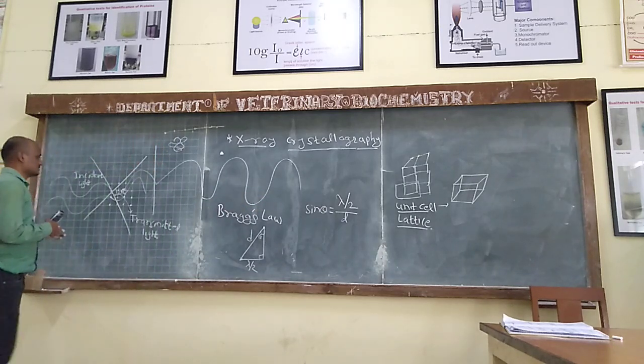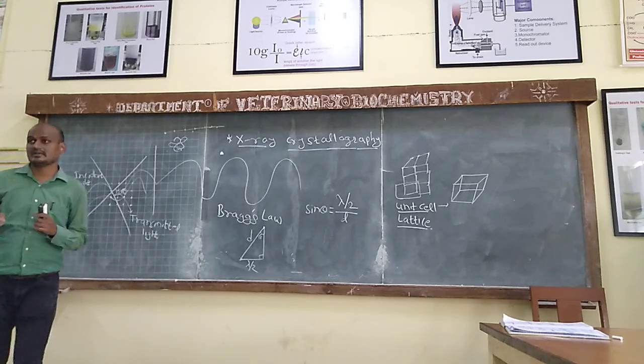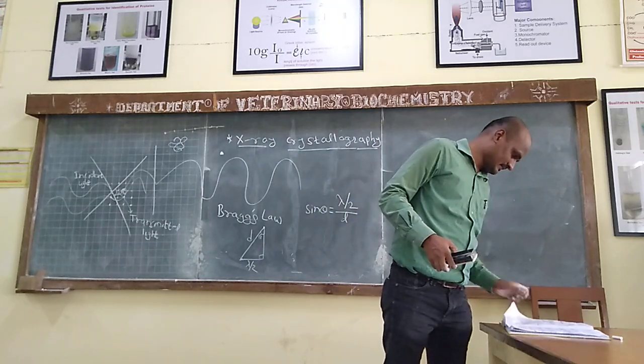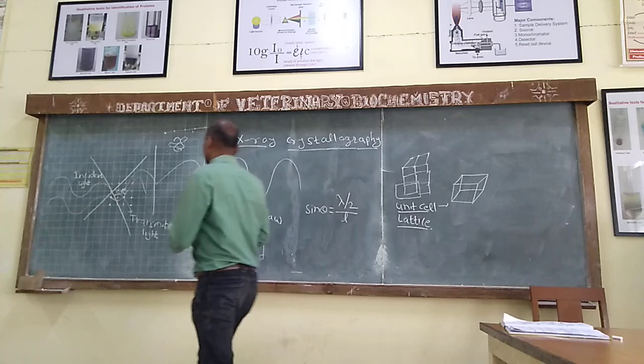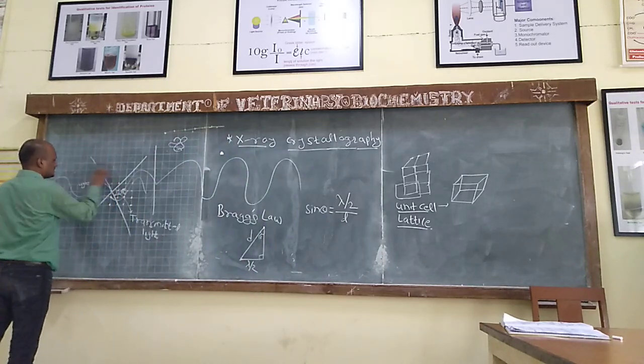And how did this come? If you want to determine this lambda by 2, we have an equation like this. So we have this interference.